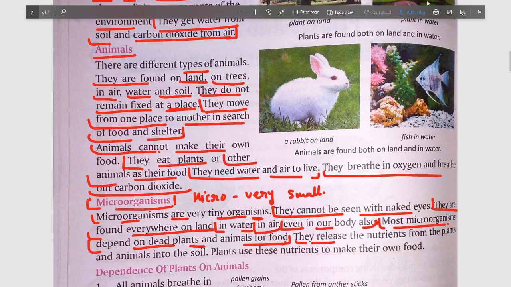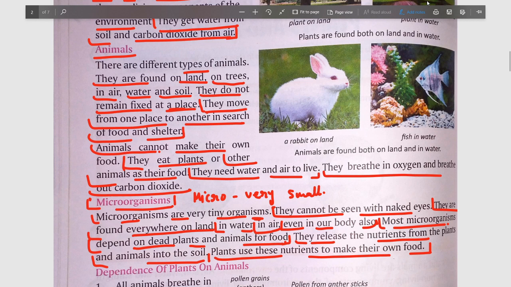They release the nutrients from the plants and animals into the soil. So plants use these nutrients to make their own food. So as you can see, what the microorganisms do, they depend on dead animals and dead plants.